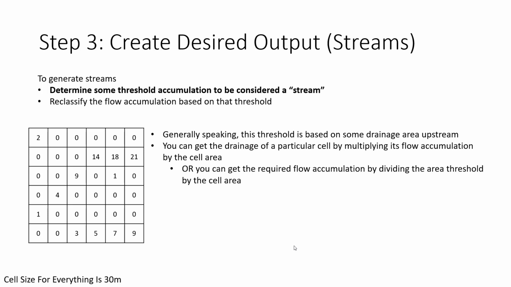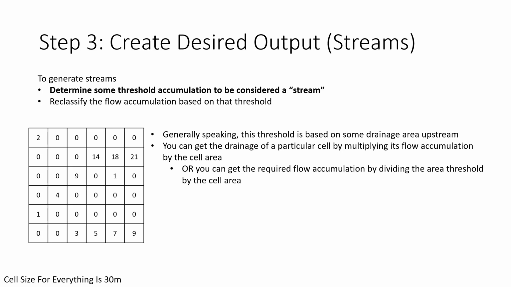And that would allow you to directly compare your threshold to the cell values. But this is an extra step and it's not overly helpful. Instead, you can take the area that you have in your mind, this drainage threshold area, and divide it by the cell size of your raster to figure out how many cells you need, right? So instead of converting from flow accumulation to drainage area, you can convert drainage area to flow accumulation.